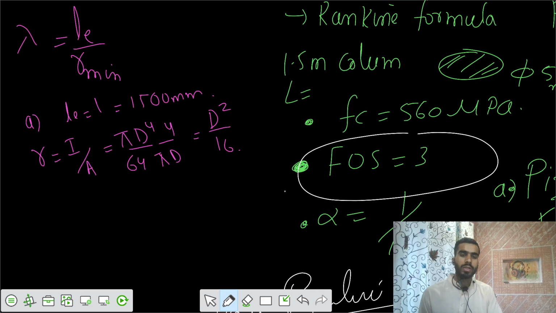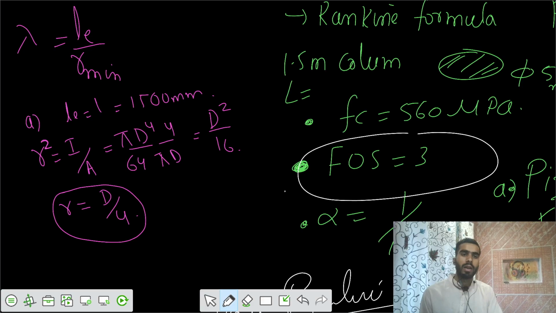So R square equals I by A, such that R square equals d square by 16, which implies R equals d by 4.